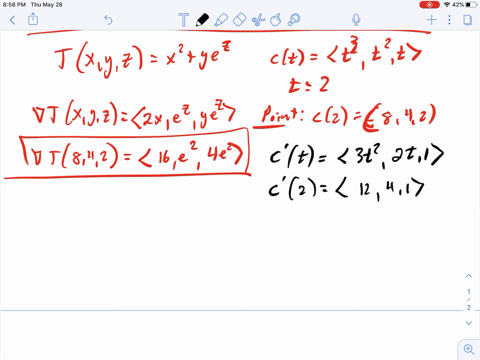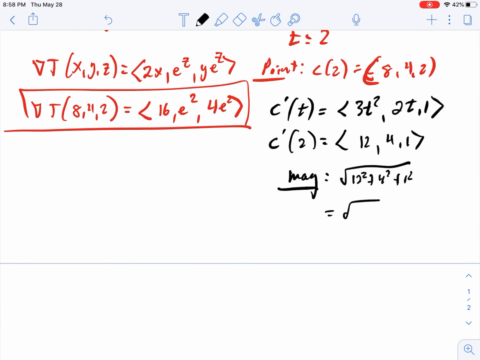Now you've got to find the magnitude. If we are doing the directional derivative, we have to find the magnitude. If you're just doing the derivative, just multiply the two vectors together. So anyway, the magnitude would be 12 squared plus 4 squared plus 1 squared, so therefore the magnitude, I do believe, is square root of 161.